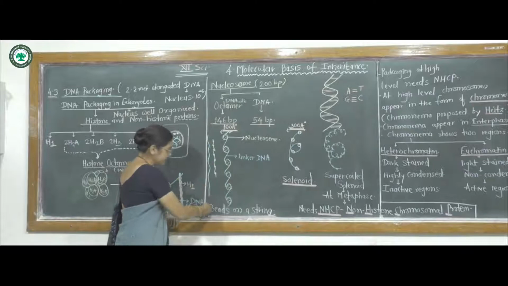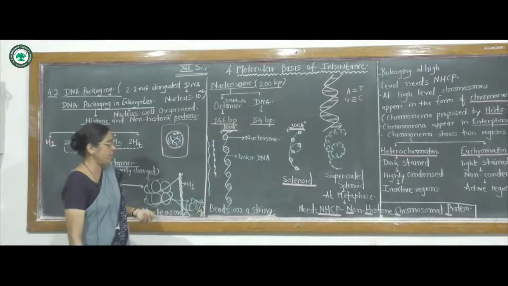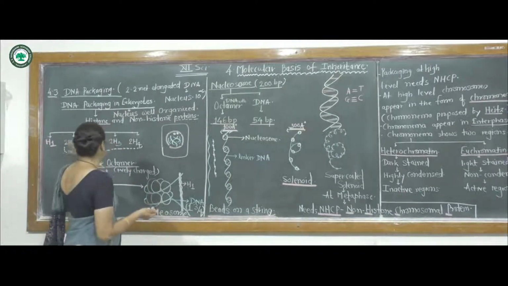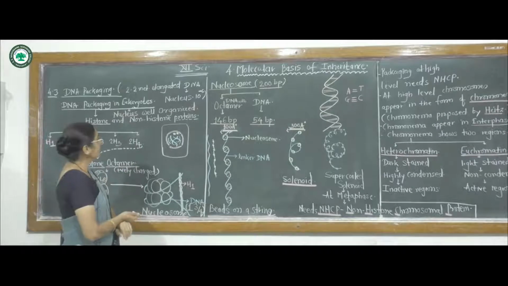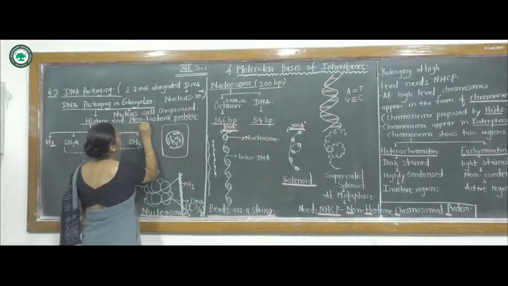A much elongated strand can be accommodated in a very small space due to coiling and super coiling, in which the different types of histones play a very important role. Then the question arises about the non-histone proteins.